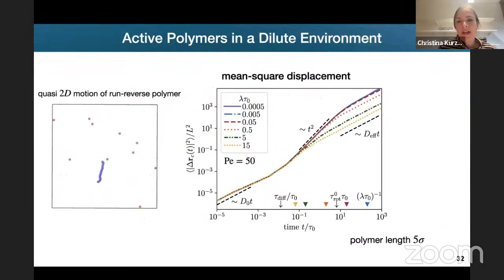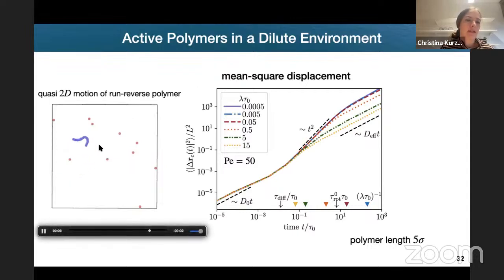Okay. So now in free space, the simulations can look something like that. If you have long elongated polymers, they move for a while, they reverse the direction and they continue moving. To quantify that motion, we typically look at the mean square displacement.